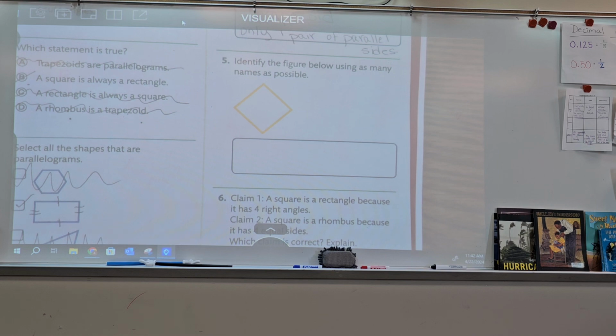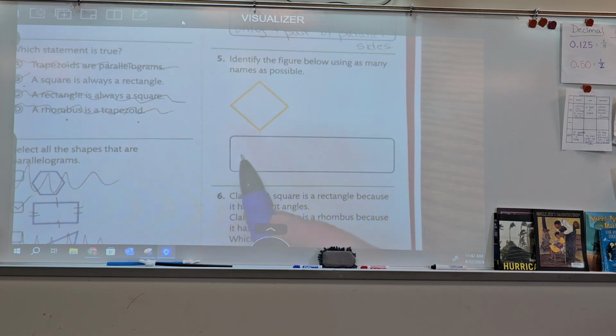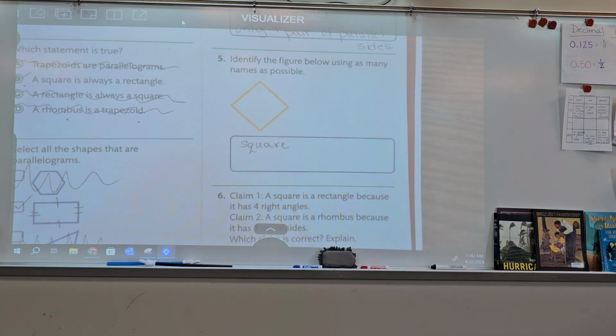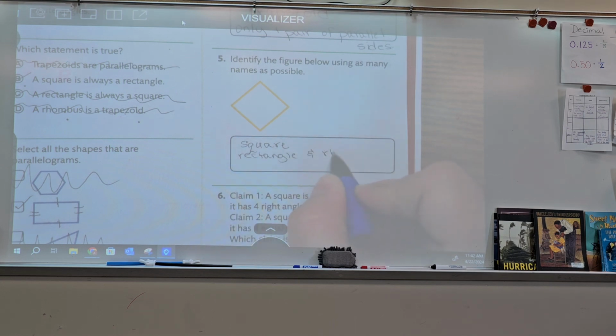Number 5, you're going to identify the figure below using as many names as possible. So we're going to start with the most specific, which is a square. I also know that a square is a rectangle and a rhombus.